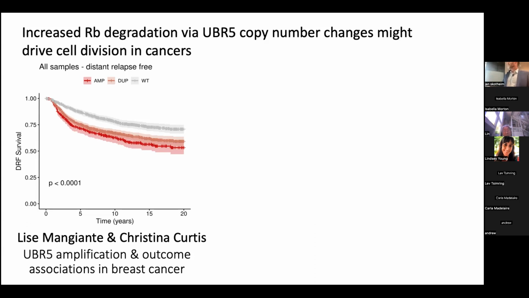In fact, if the breast cancer patient has either an amplification, which is more than 2 extra copies, or duplication of the UBR5 allele, this is really, really bad. That correlates with you surviving a lot less than if you don't have it.